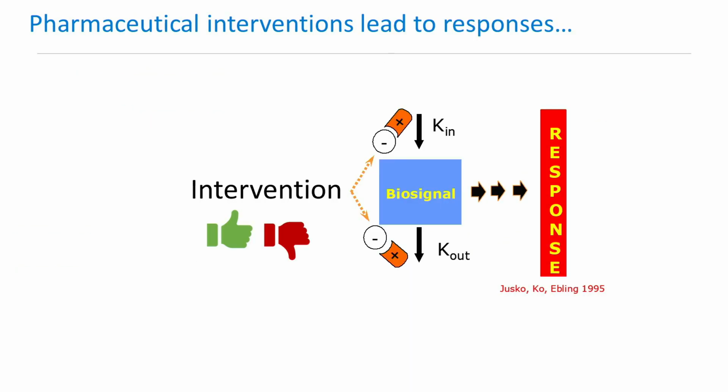So what I've been describing thus far is the most simplistic way of thinking about how an intervention impacts a response. In the previous examples, we really talked about intervention as a yes or a no, and then what happens downstream is a function of whether or not there has been an intervention. Pharmaceutical interventions do indeed lead to responses, ideally, if our drug works, of course.